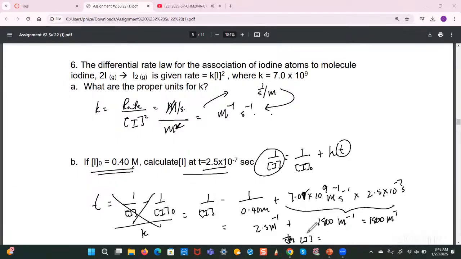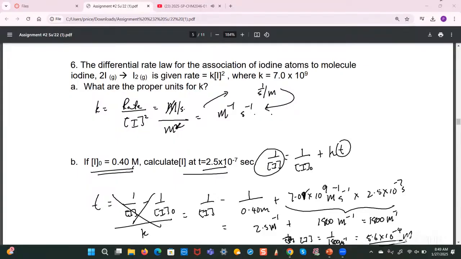So the concentration of I would be 1 over 1800 M to the minus 1. Okay, so 5.6 times 10 to the minus 4 M would be the answer. Right? So that's basically how that is done.